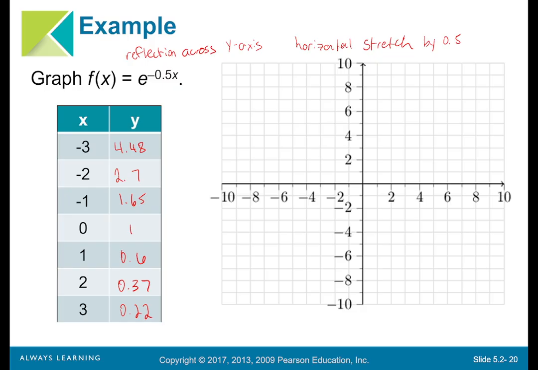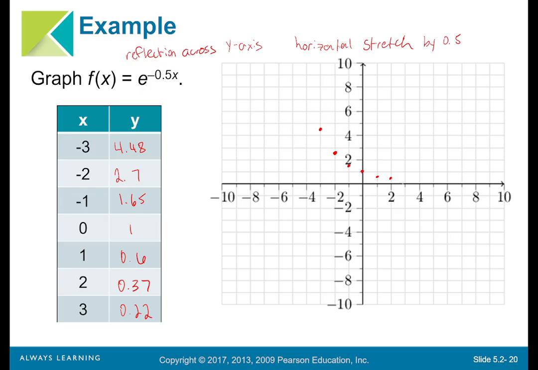I have -3, 4.48, somewhere in here. I have -2, 2.7. -1, 1.6. 0, 1. 1, 0.6. 2, 0.37.